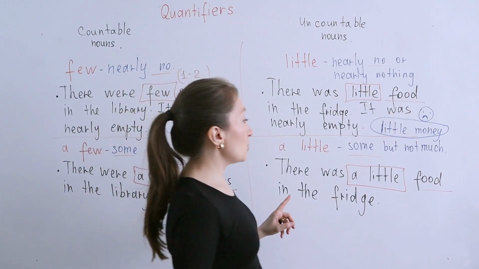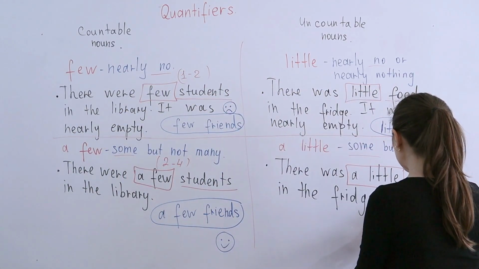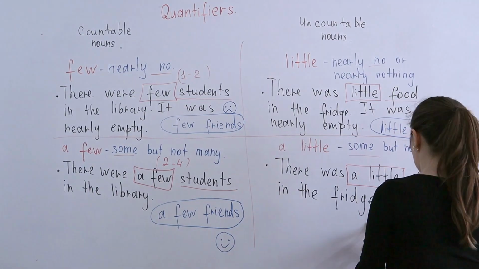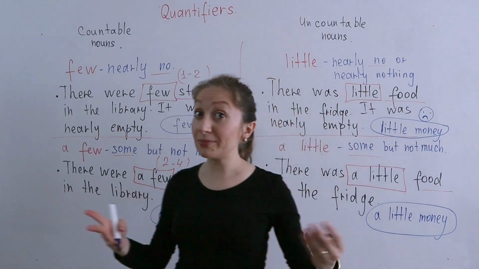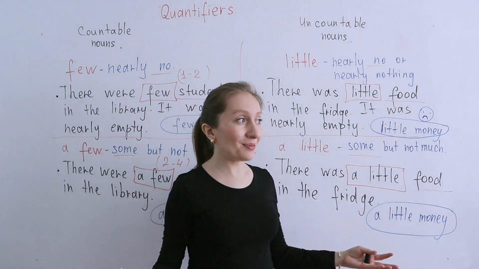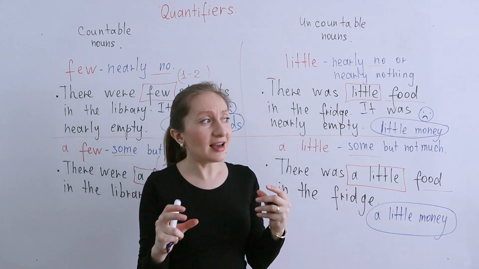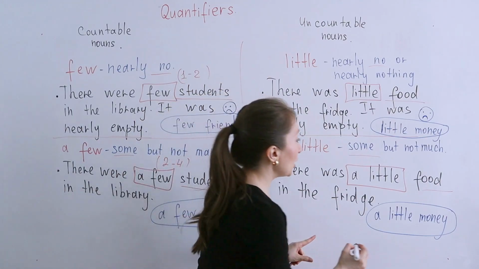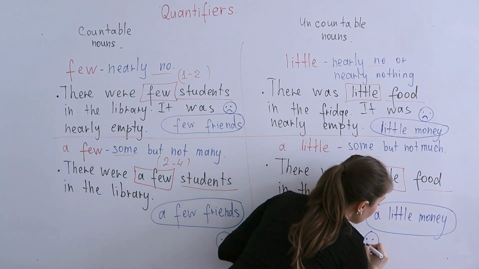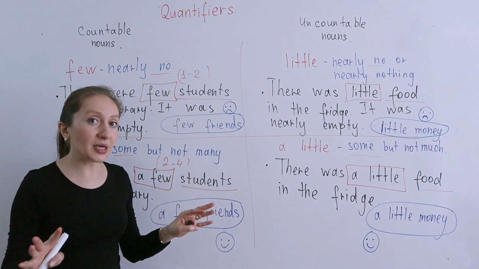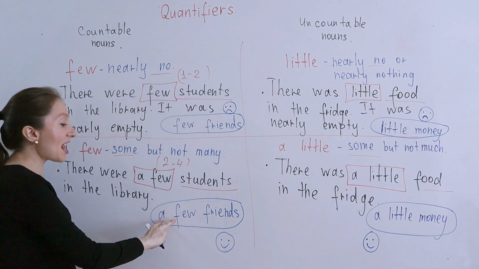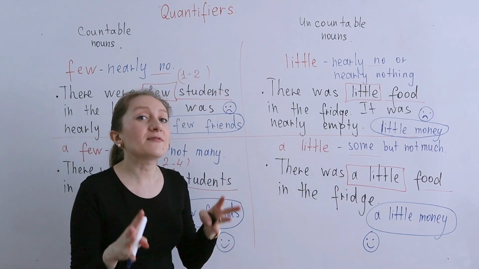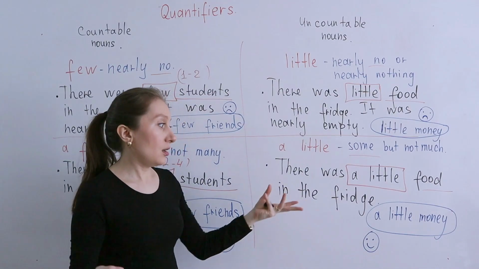Now you say I have a little money. I have a little time. It means you have some money. Yeah, I have some money, so I can buy it. I can afford it, right? Here you are positive. When you add a little, it means that you have some of these things.